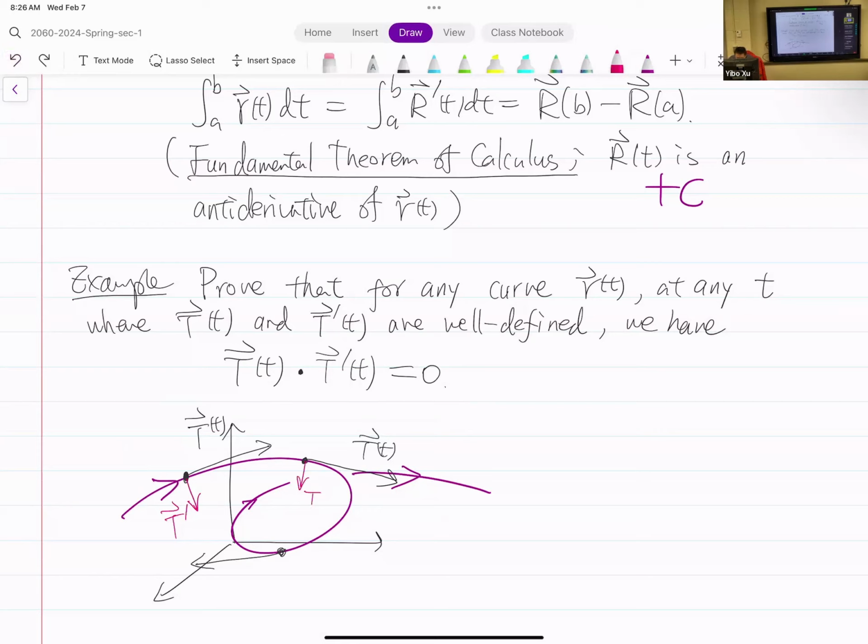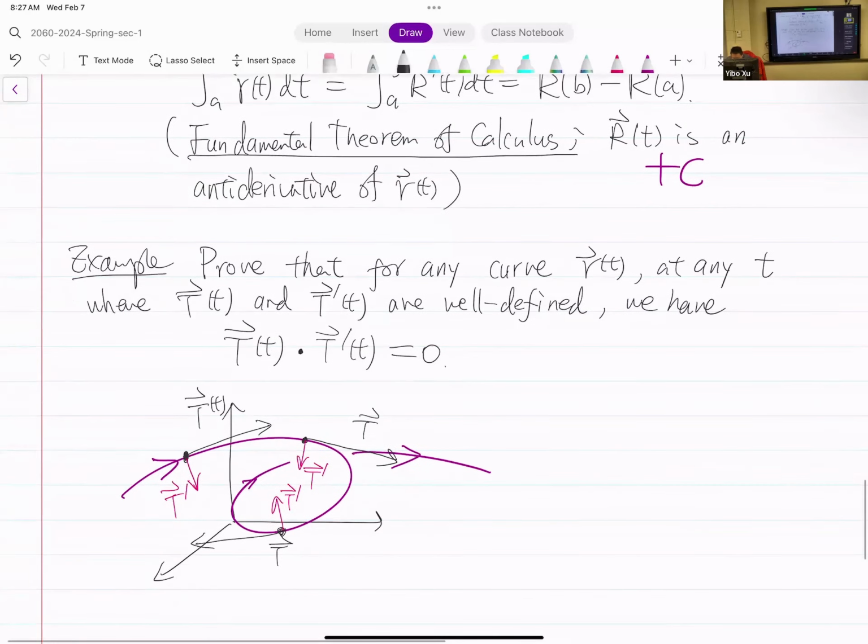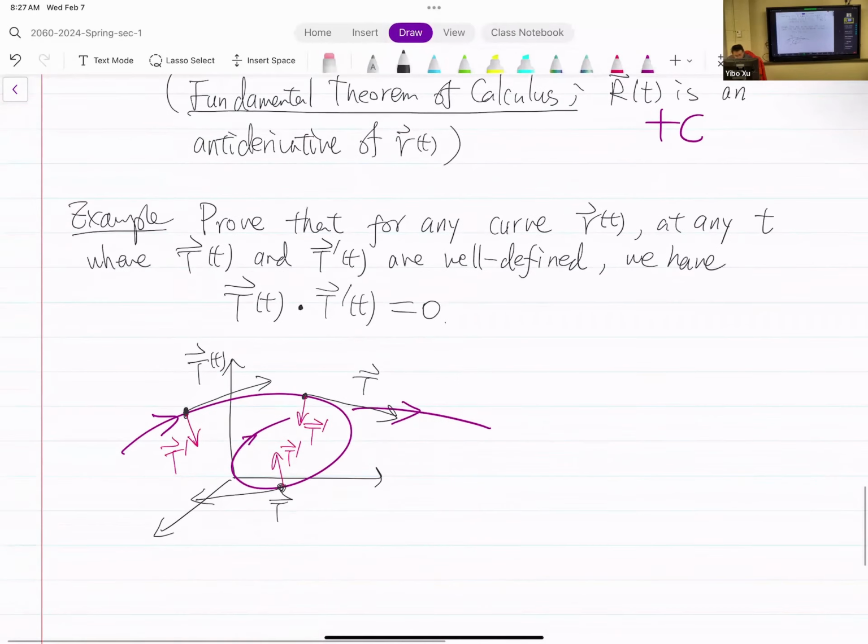And here we're just trying to show that the black T and the red T prime, these two vectors, are always perpendicular to each other. Here I just erased that bracket of t because I don't really want the same input to repeat. But yeah, you get the idea.